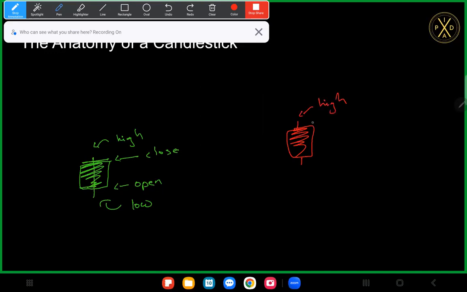The main reference points here are the open, the low, the high, and then the close over here. Same thing with this bearish candle over here. This is going to be the high, this is going to be the open, this is the close, and this right here is the low.